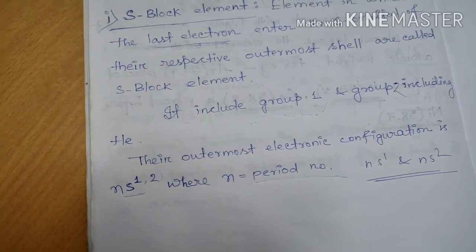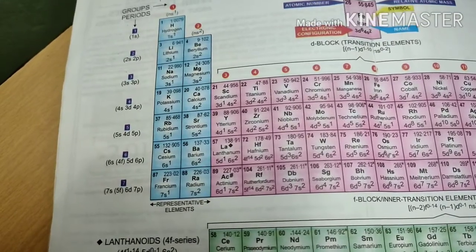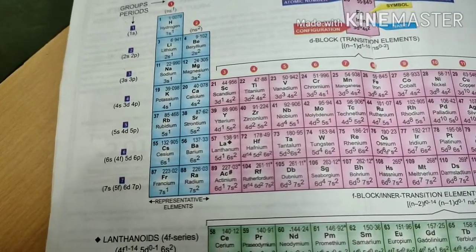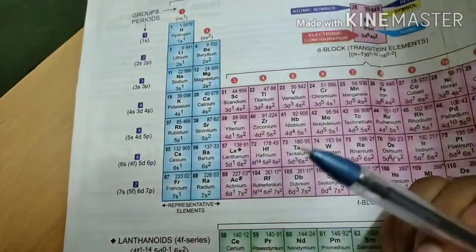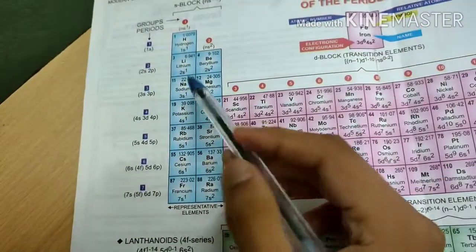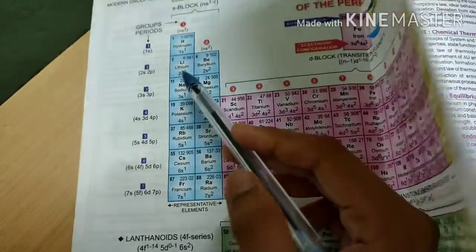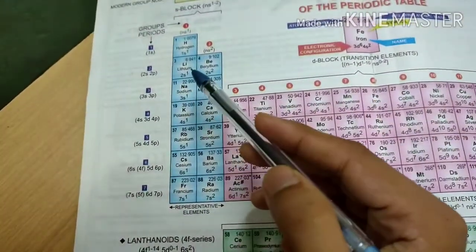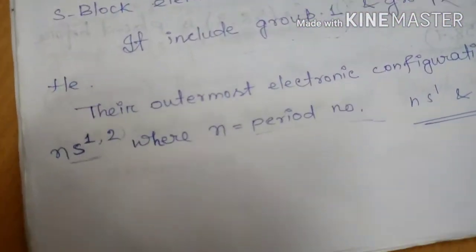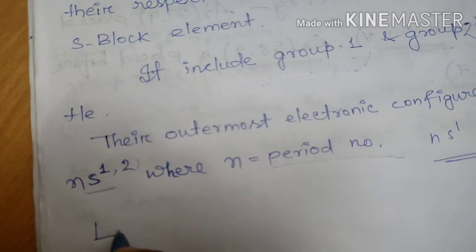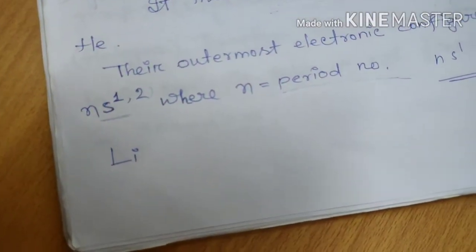You see in the periodic table, the elements of group 1 are hydrogen, lithium, sodium, potassium, rubidium, cesium. So now we shall take lithium. If we take lithium, then you see the atomic number of lithium is 3.